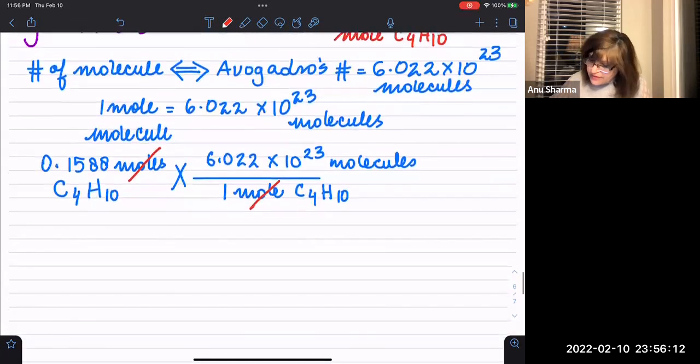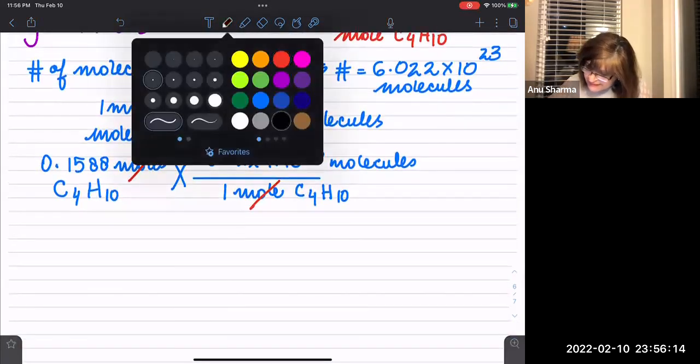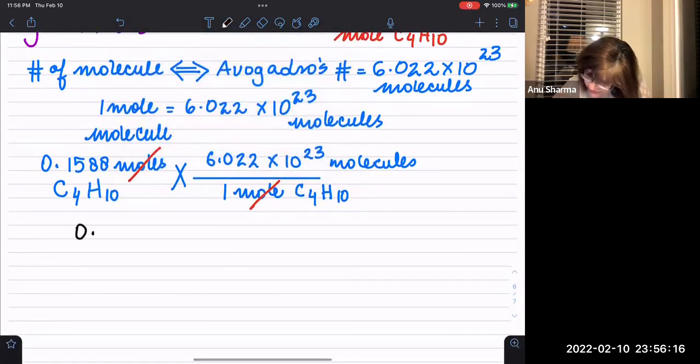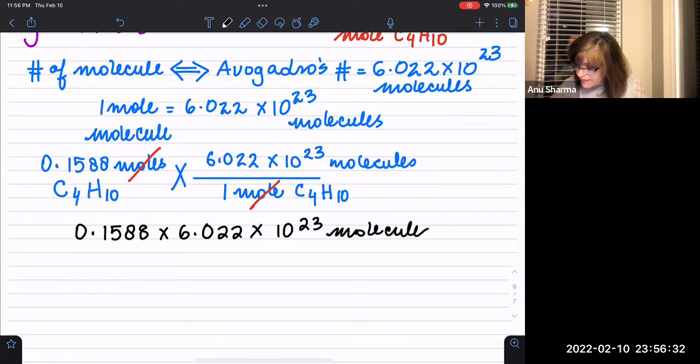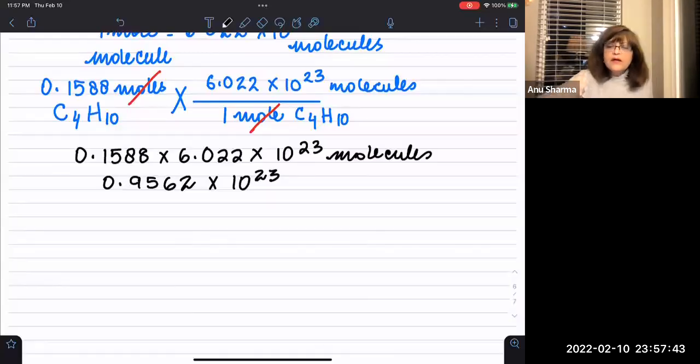What do you get here? You have 0.1588 times 6.022 times 10 to the power 23 molecules. So let's do the math. We get this number and we need to move it into scientific notation.